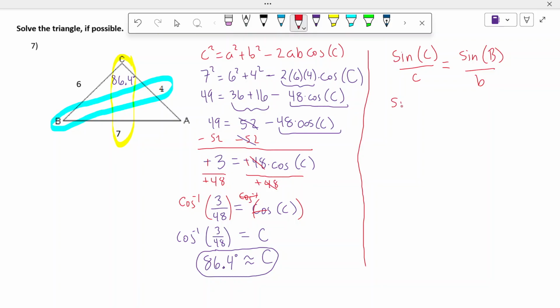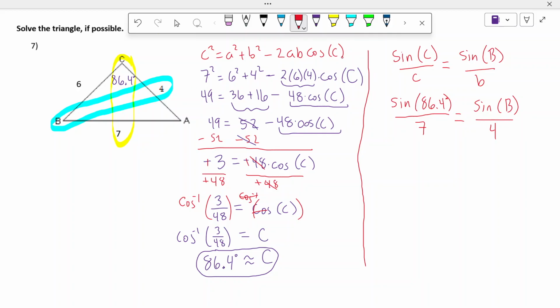We know the sine of 86.4 degrees over 7, that's our complete pair for side and angle C, has to equal the sine of angle B, which is what we need, divided by side B, which is 4. That's this blue pair over here.